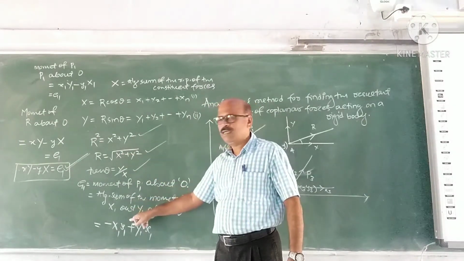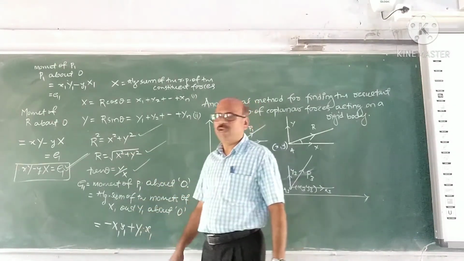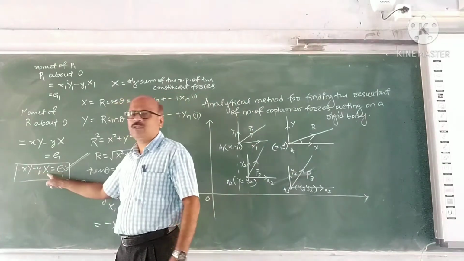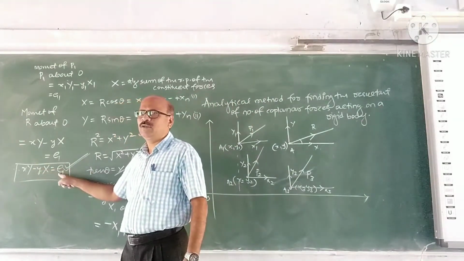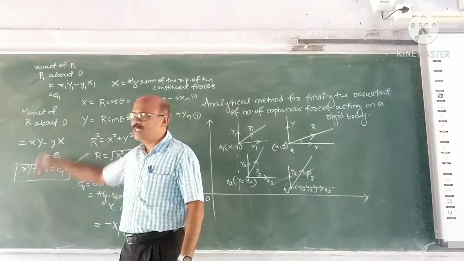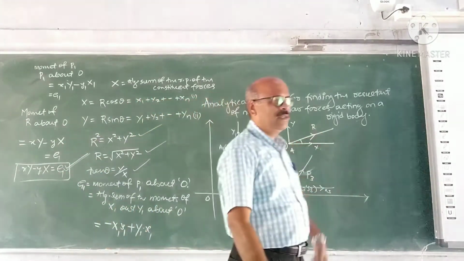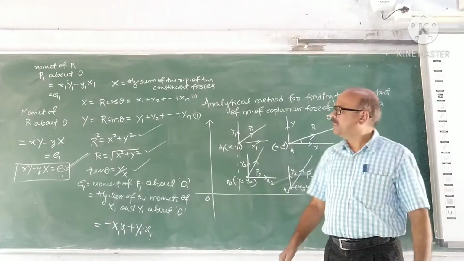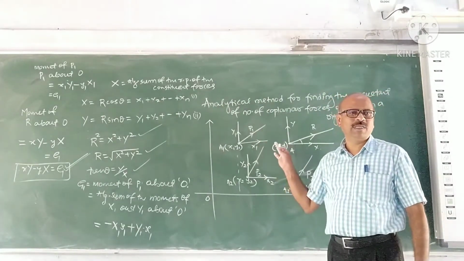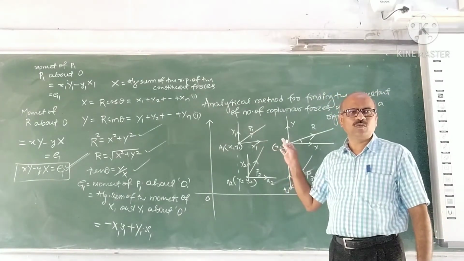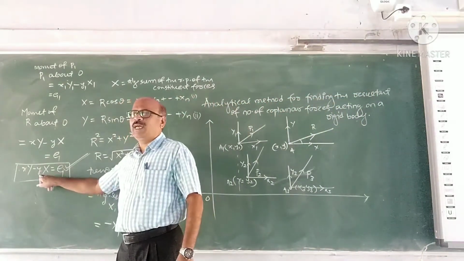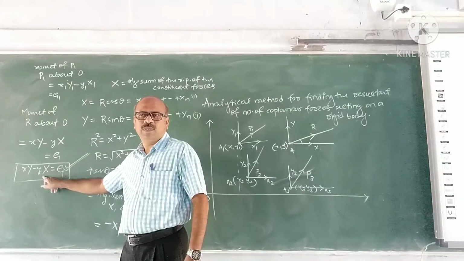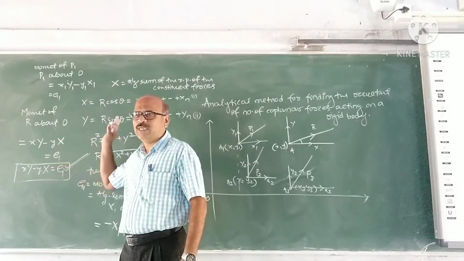Theta is tan inverse Y by X. What is the equation for the line of action of the resultant? xY minus yX is equal to G. Now this gives completely the resultant, and it is called the analytical method, analytical because we have obtained the equation for the line of action of the resultant.